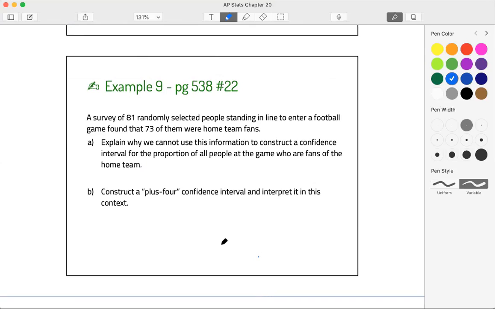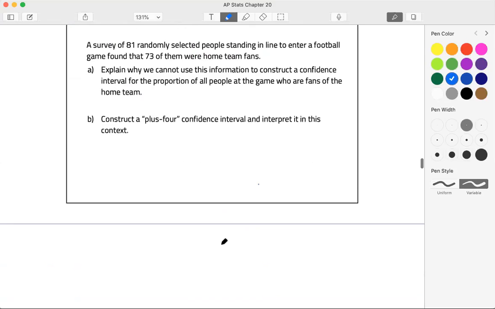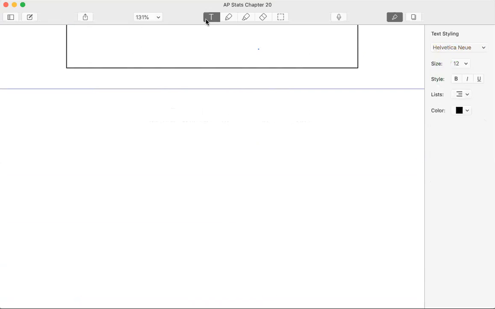All right. So I have this right here for us. This is example 9. Again, I'm just going to be a little bit more verbose than I was in class.